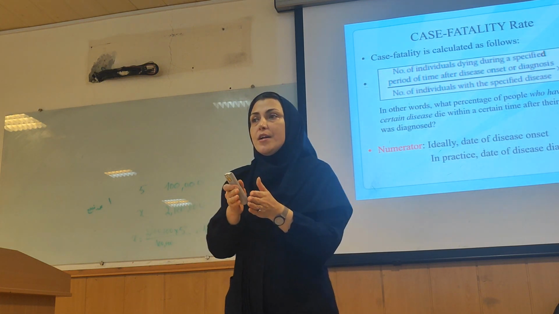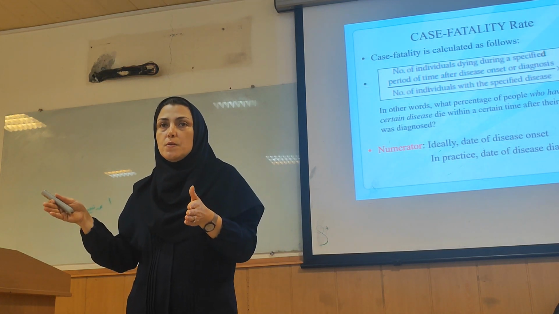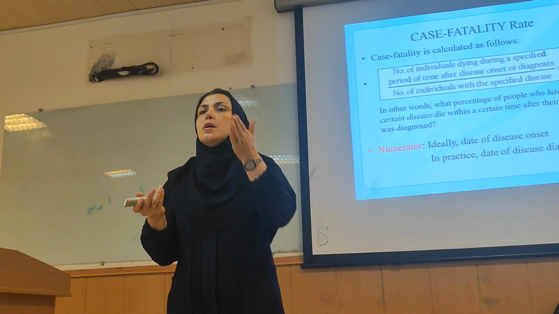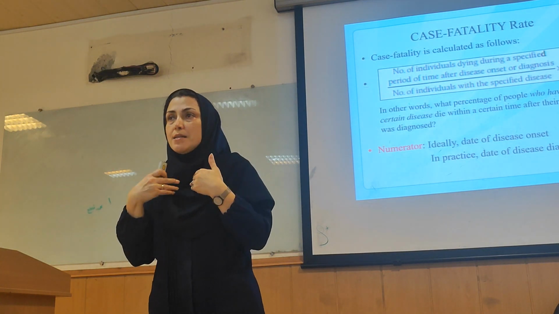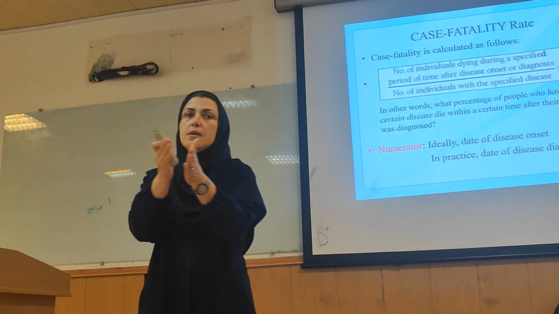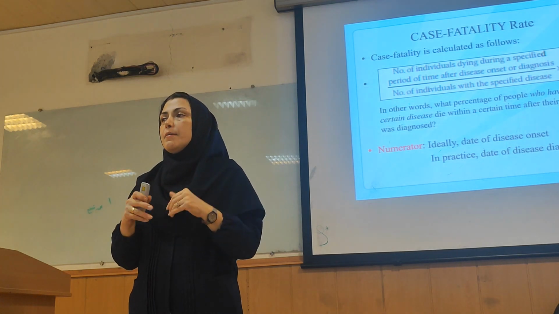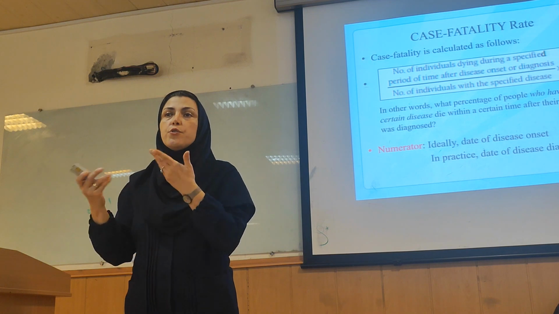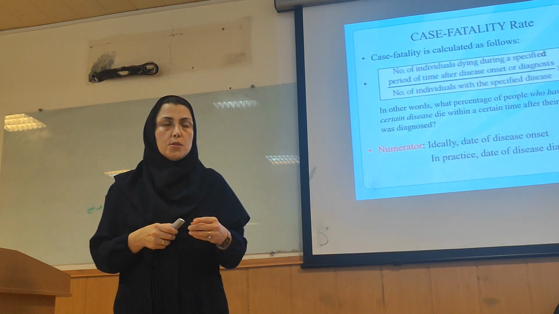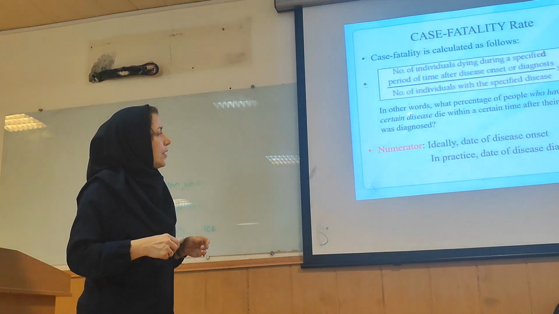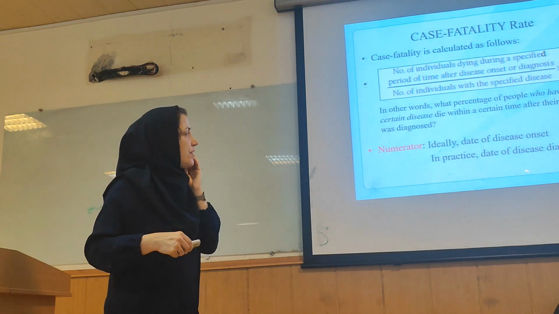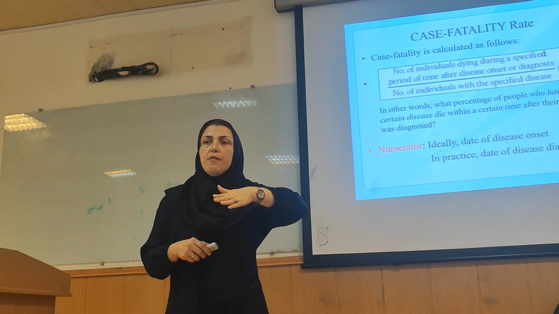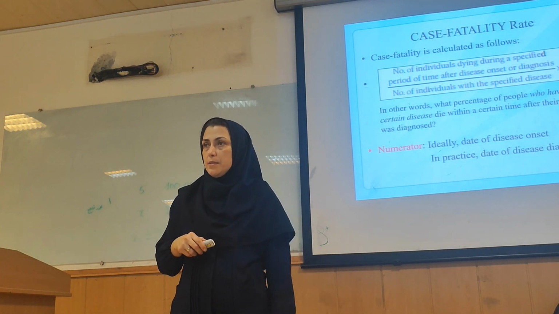But we have the date of diagnosis. It might be 1 year after disease onset, 2 years after, based on the time that the patient comes to a physician for making a diagnosis. So we use the date of disease diagnosis in practice. It is a proxy of disease occurrence. Okay?